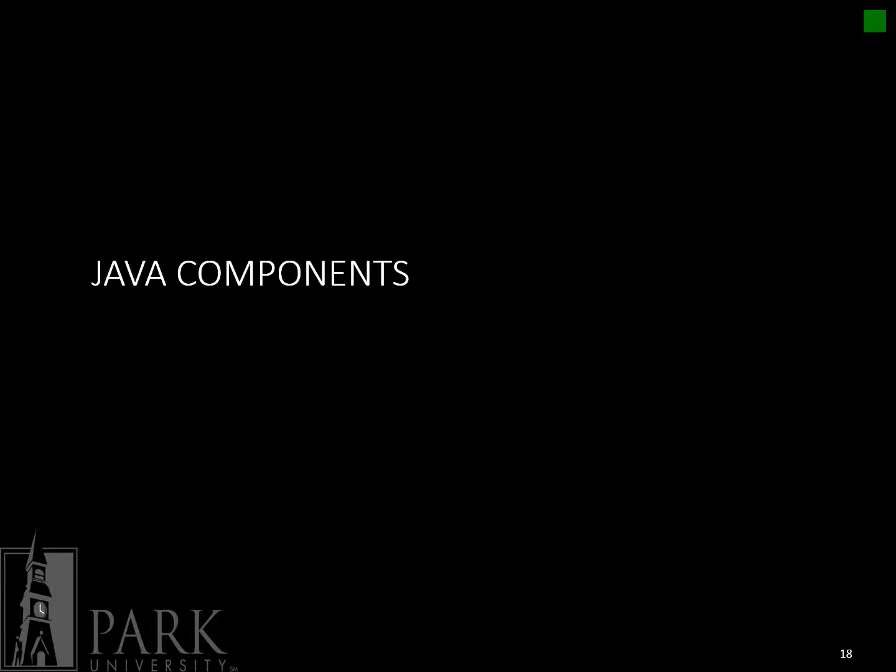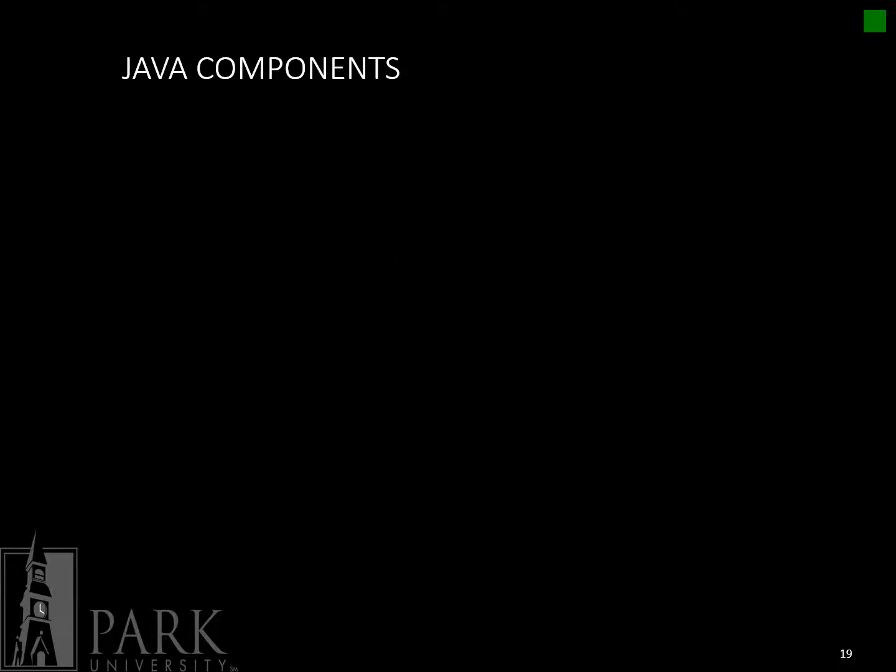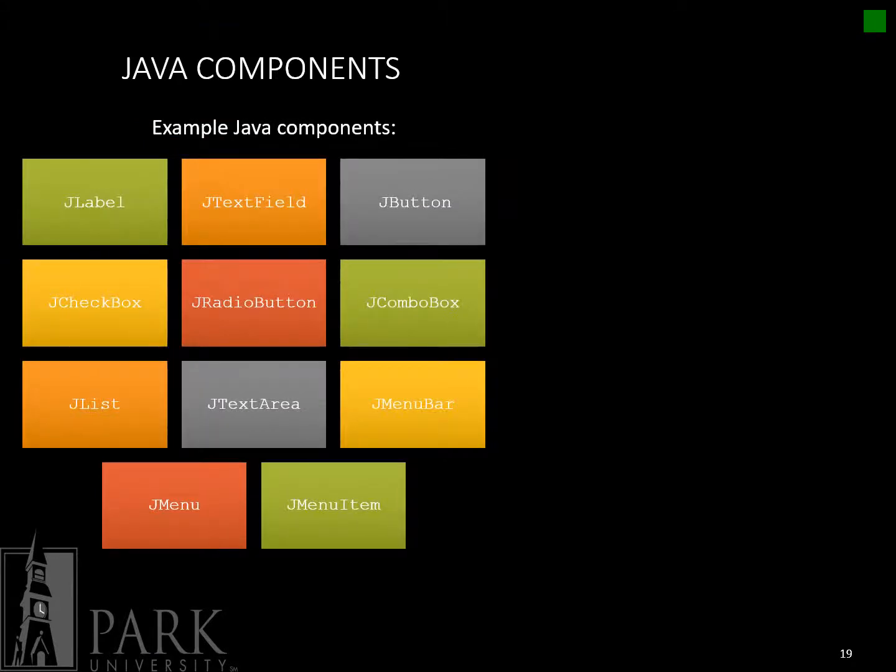So now that you got a feel for the basics, let's start looking at some more of the components that you can use in your window application. In addition to JFrame components, we have lots of other options to add functionality to our application. We'll cover some of these, but not all. Once you have an idea of how to use them, it's very easy to figure out the rest.